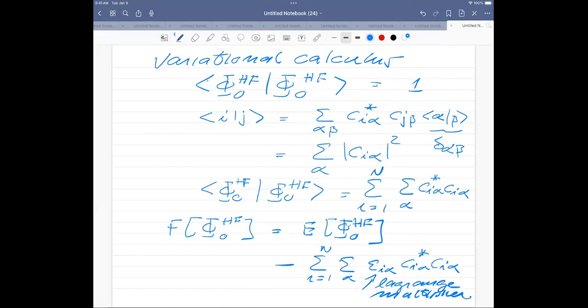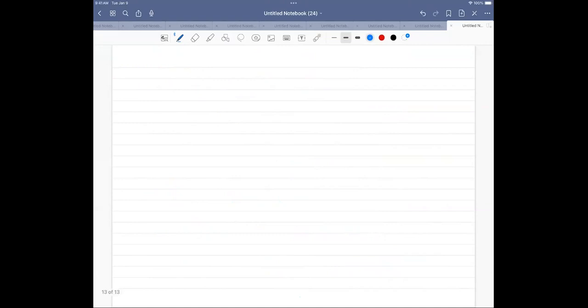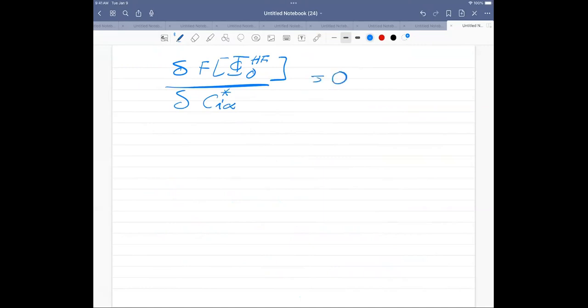So if we then perform the calculations, what we need to do now is simply to calculate the change in this functional, Hartree-Fock, with respect to these parameters C_i alpha. And it is sufficient to look at the complex conjugated terms because they will be independent from the equations which follow for the non-conjugate term.